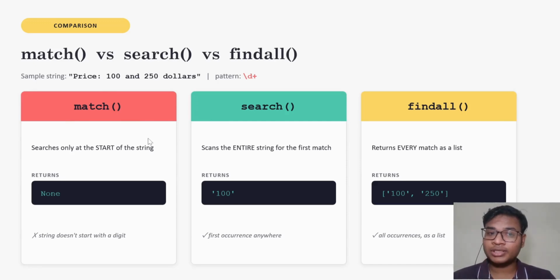Remember, it searches only at the start, so it returns None, which means the string doesn't start with a digit. Search scans the entire string and returns the first match. Findall returns every match as a list. Always remember, it returns every match as a list. So these are the main differences between match, search, and findall. I hope you clearly understand this.